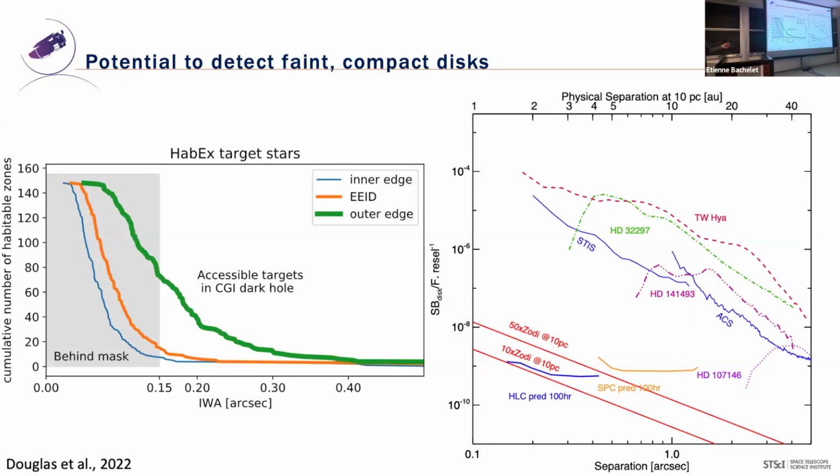So this, no, I'm going to accidentally advance things. If you look at the HabEx target list, which is very similar to what HWO will look at, the HLC field of view is very comparable to at least the outer edge of a lot of nearby stars' habitable zone.